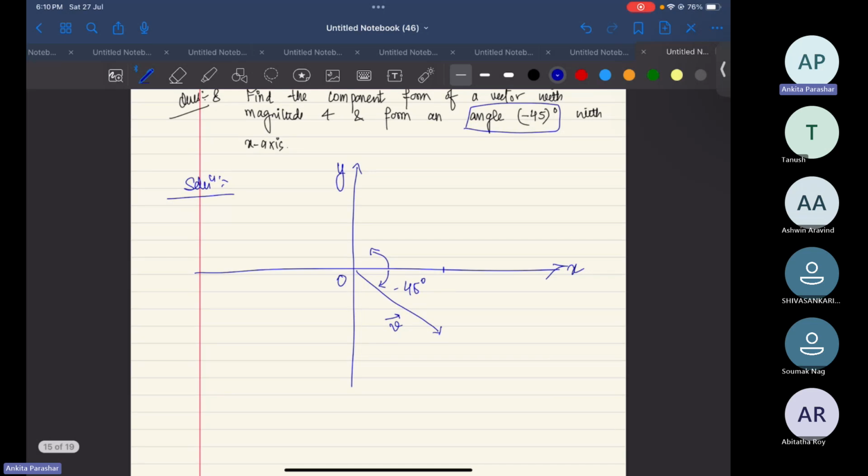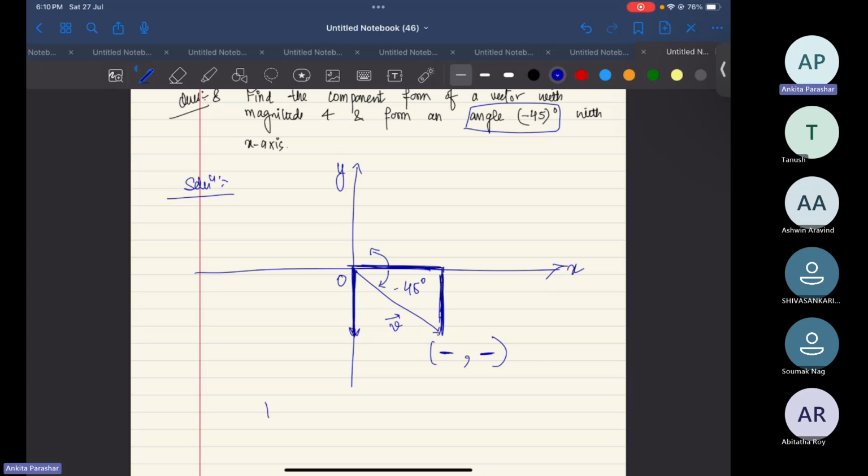So can you tell me the component? How would you tell the component? In order to know the component, you should know this distance and this distance, which is parallel to this. If you can get the first coordinate and the second coordinate, then you can write the component form. Just now we saw that the components can be written with the help of sine and cosine.